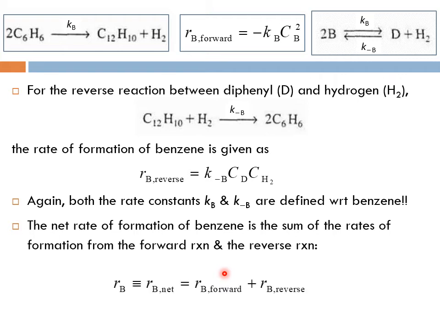So let's do that. r_B, which is really the net rate of formation of benzene, equals the rate of formation of benzene through the forward reaction plus that through the reverse reaction. So there we go.